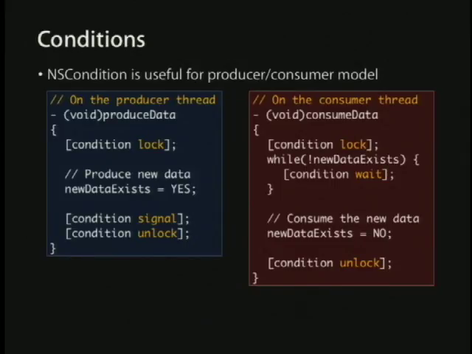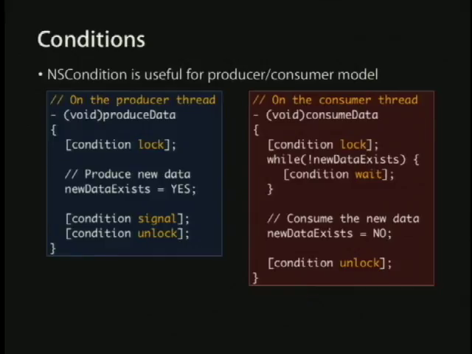And condition wait is actually sort of a collection of 3 basic behaviors. It's going to unlock and perform a wait. And then when the other thread signals it, it'll come out of that wait and try to acquire the lock again. And then it'll return from wait, and we'll be able to check that new data exists.